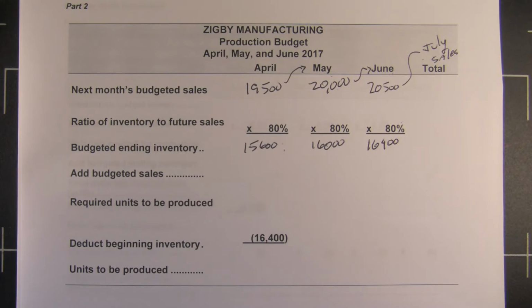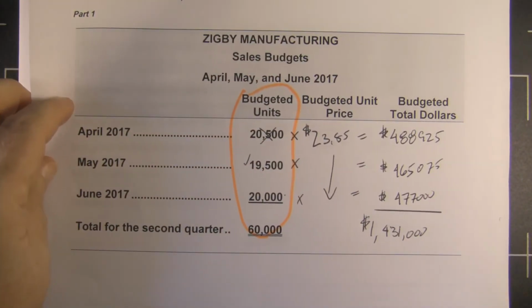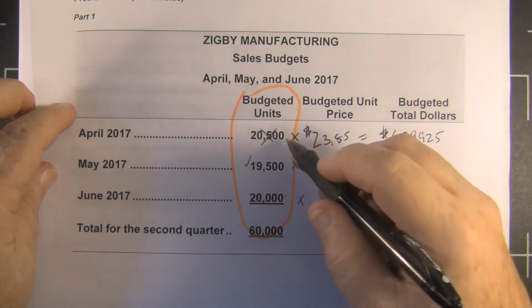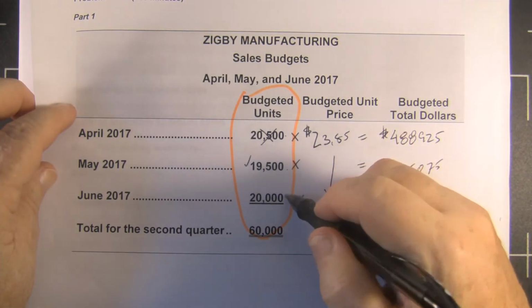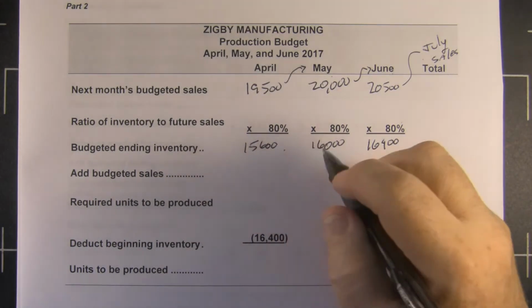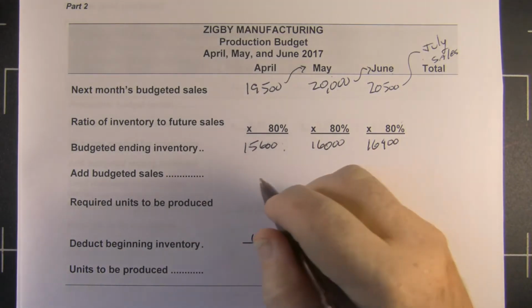Now, we need to add to that our budgeted sales. Going back to this, these are our budgeted sales, our expected sales, our hoped for sales for April, May, and June. So, we'll use April's budgeted sales for April.